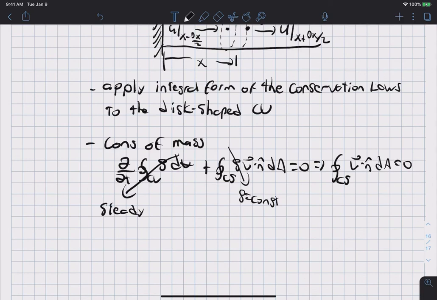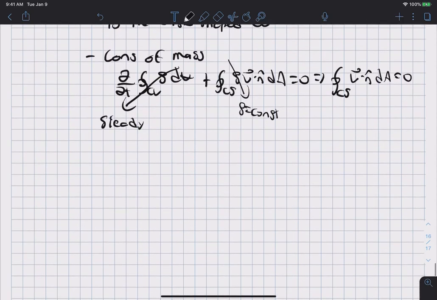And so I'm going to redraw the control volume to be a little bit bigger. So we have the control volume looking like this. Okay, and we have Vf going in through the circumference. The width here is delta x.